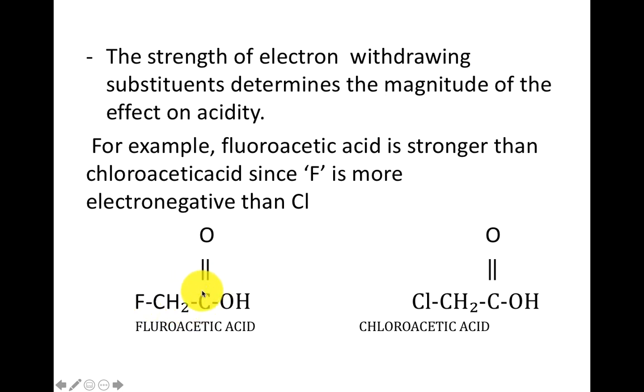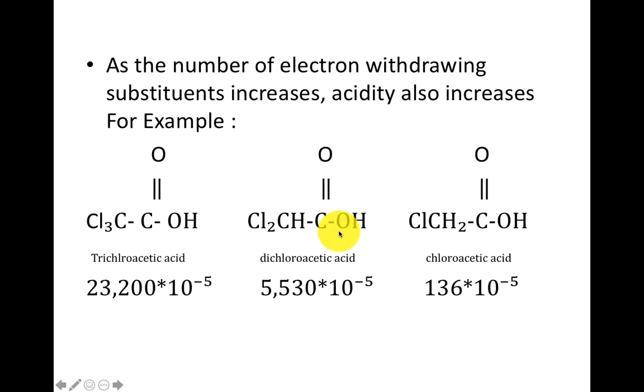Since positive charge is more, it more readily accepts the electrons from this hydrogen. It is nothing but hydrogen can be lost very fast in fluoroacetic acid when compared to chloroacetic acid. Hence fluoroacetic acid is comparatively stronger when compared to chloroacetic acid.